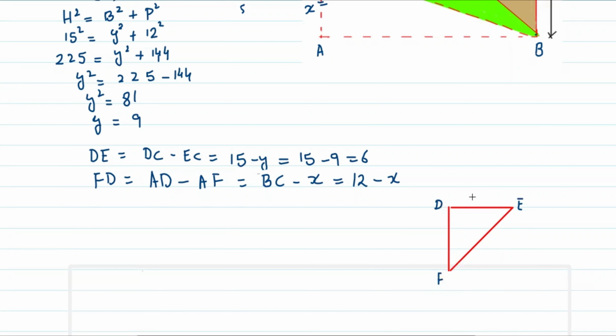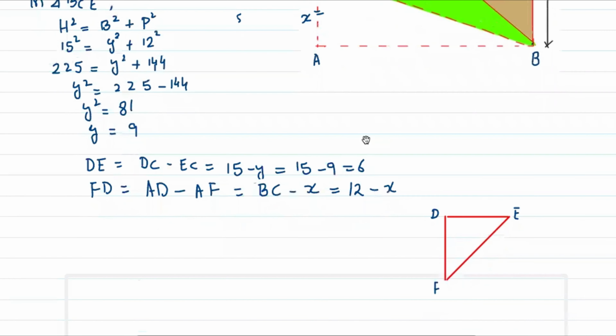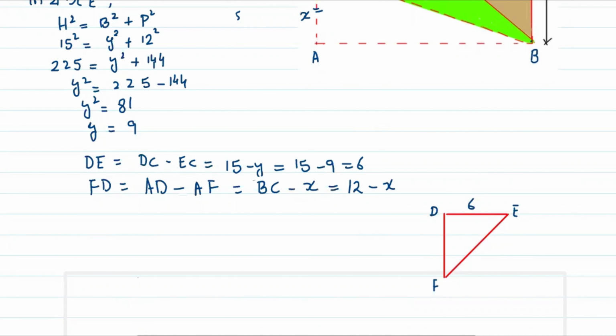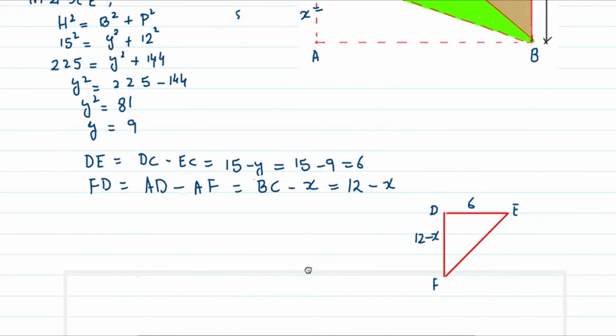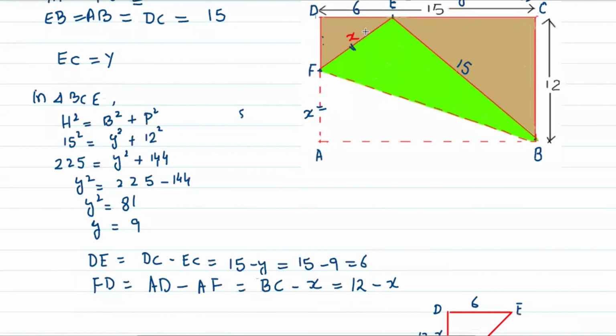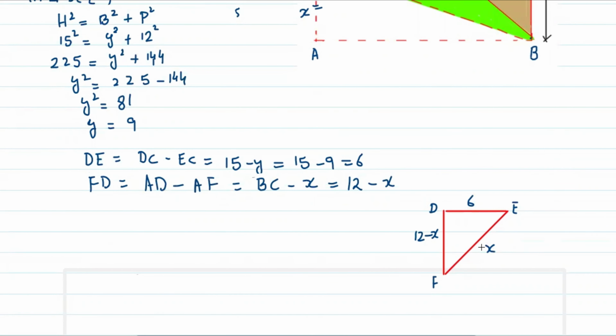In this triangle, ED length is 6, DF length is 12 minus X, and EF length is equal to X, because AF equals FE, and FE equals X.